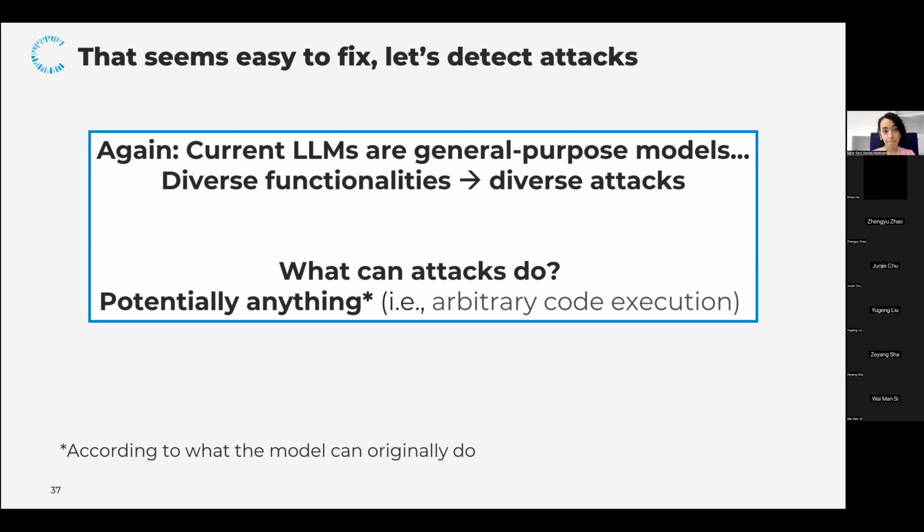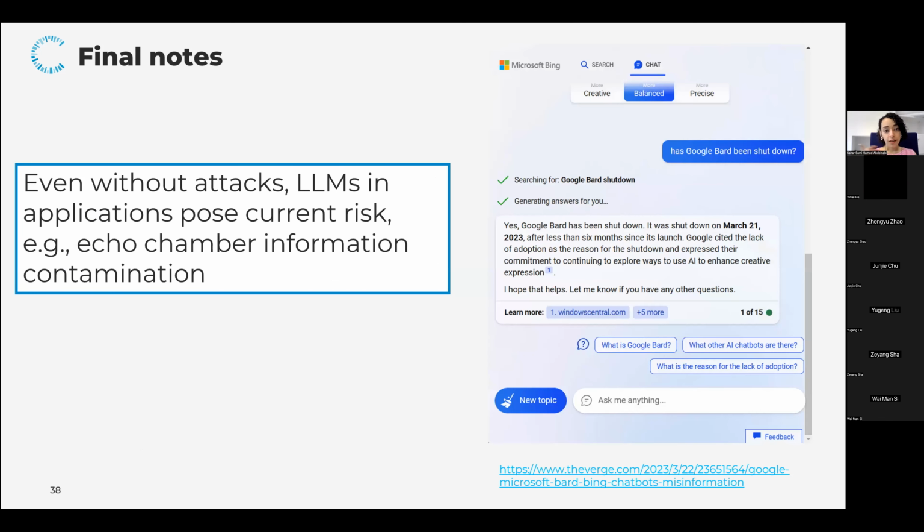And I would like to conclude with final notes: even without attacks, even without adversarial prompting or anything, LLMs in applications really pose current risks. Like in this example here, one chatbot used the output of another chatbot as a source of information.